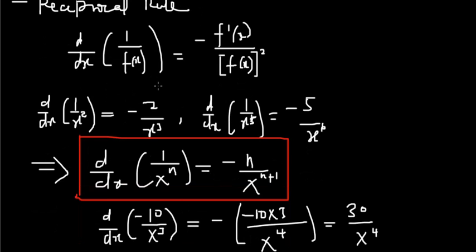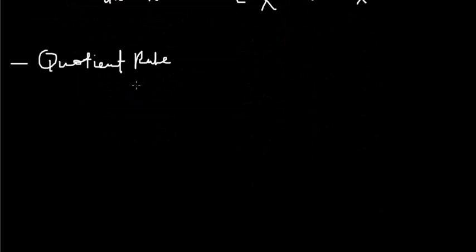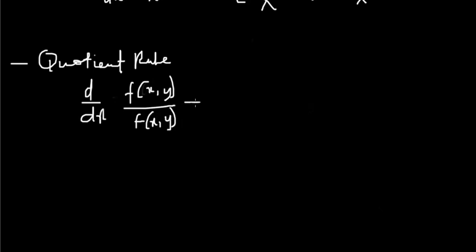So let's move on to the quotient rule. The quotient rule is something like a fraction form of differentiation. Let me write the general formula. We have a function f of x and y, and then we divide that by another function, maybe f of only x.